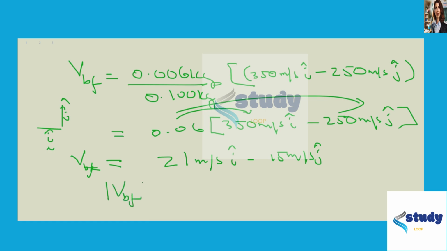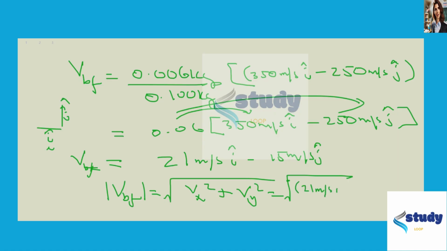Finding the magnitude of the final velocity, it's just the square root of the x component squared plus the y component squared. So this is the square root of 21 meters per second i hat squared, plus 15 meters per second j hat squared.